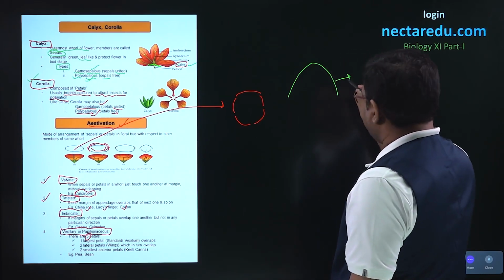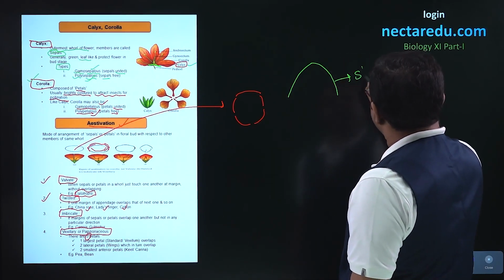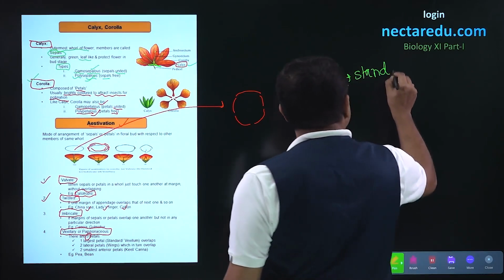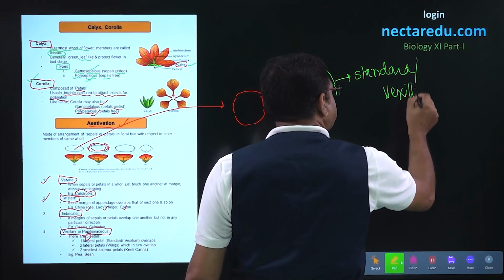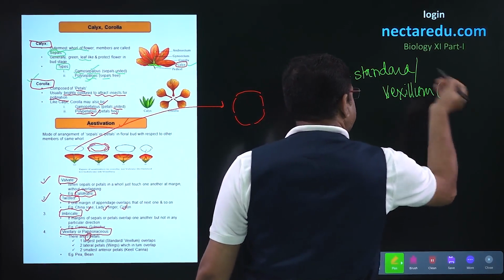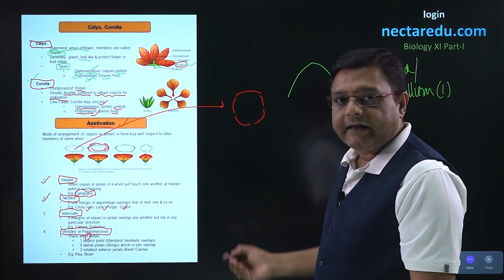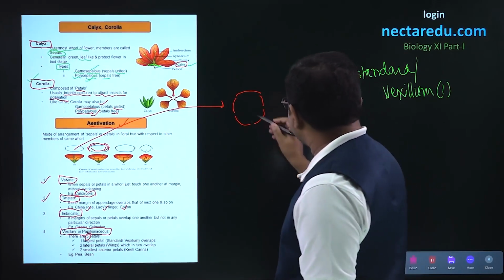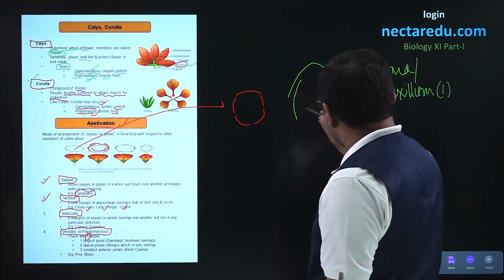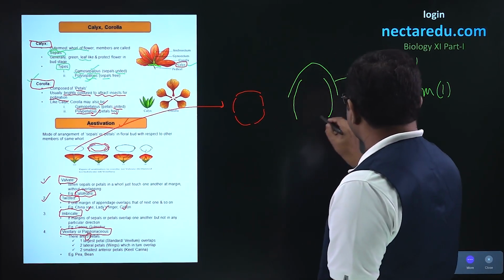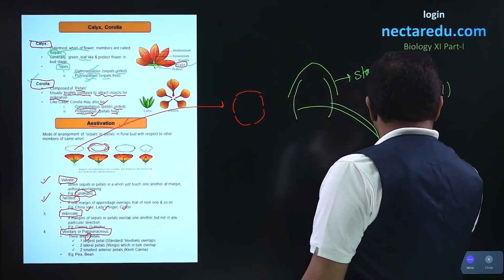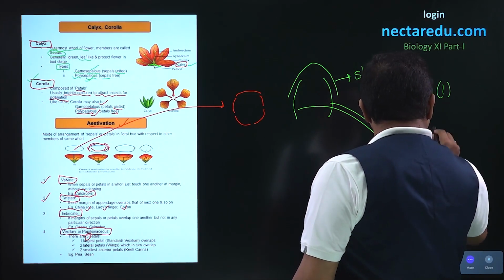The large petal which is present is called standard, or it will be called vexillum. So this is 1 in number. Then there will be 2 more petals. One petal will be like this and the other petal will be like this. These will be called wings. So these two are wings.